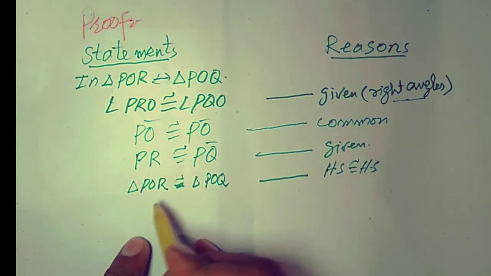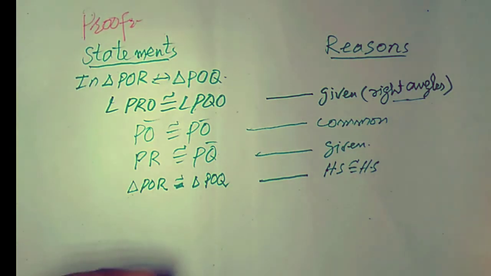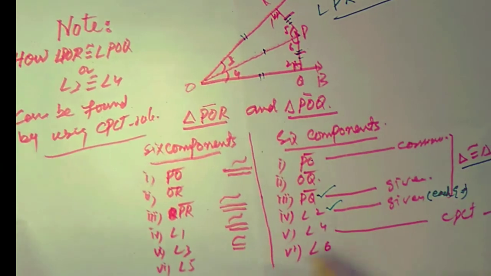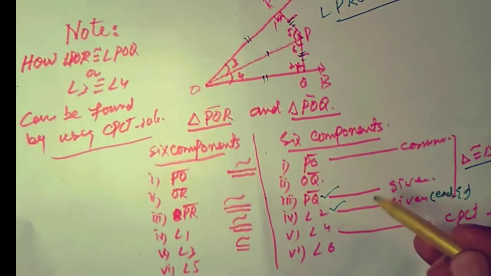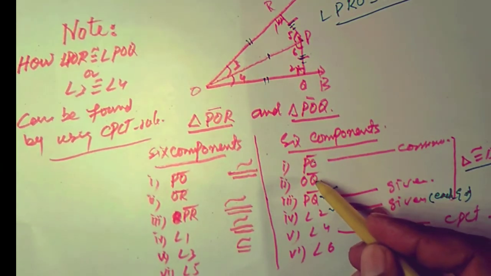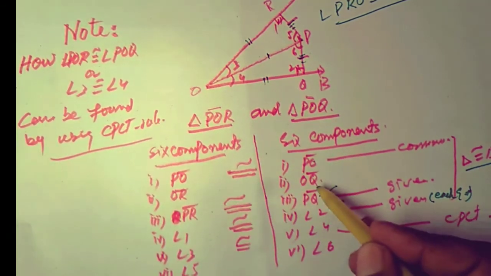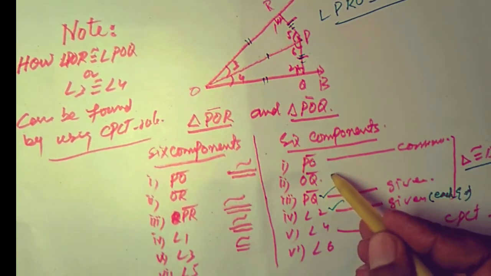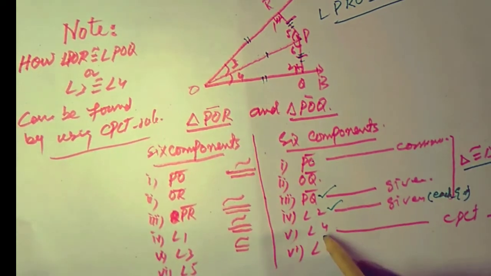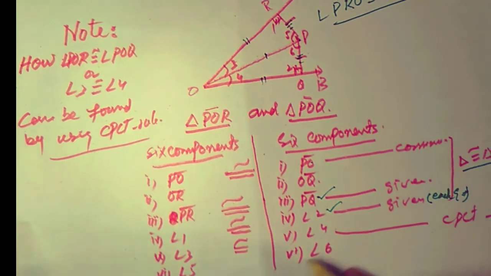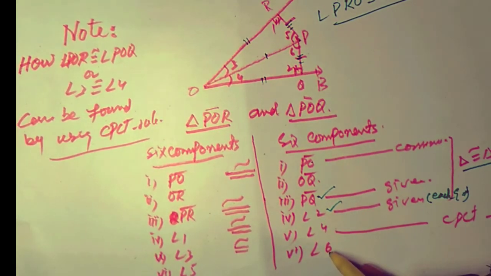When two triangles become congruent, then the required pairs can be found out by using the CP-CT rule. So three pairs are left, in which OR and OQ, angle 3 and angle 4, and angle 5 and angle 6 can be found out by using the CP-CT rule.